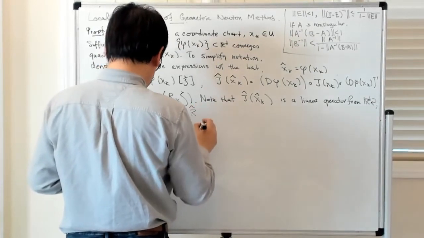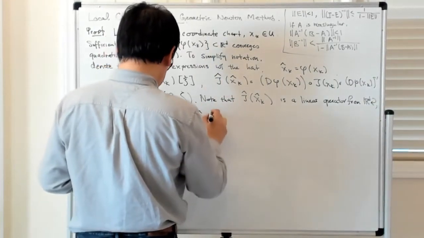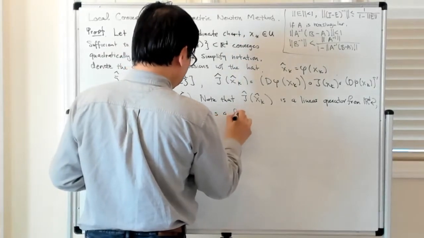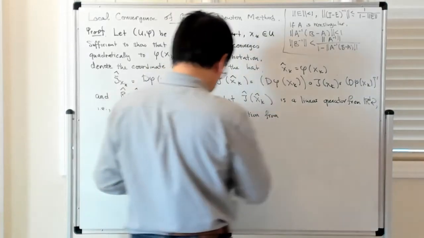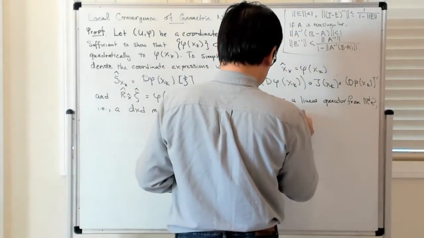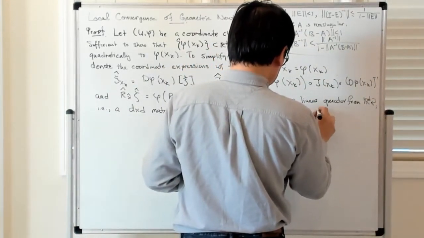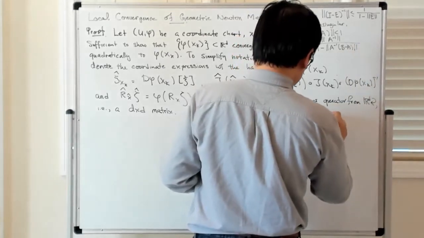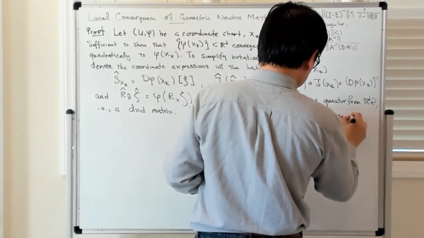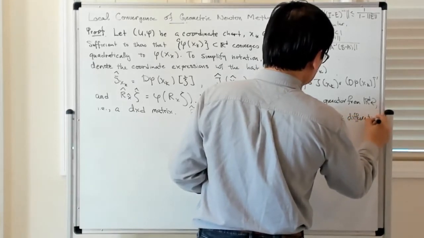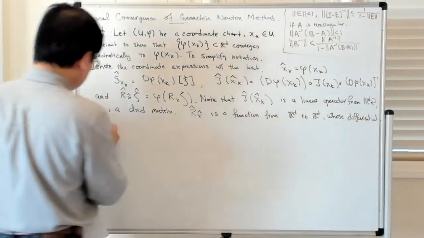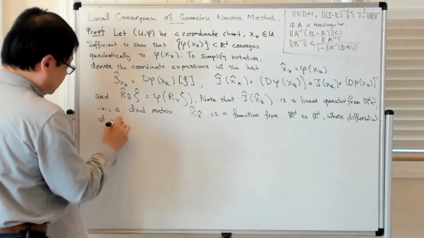So r hat x hat is a function from Rd to Rd whose differential at 0 is the identity.